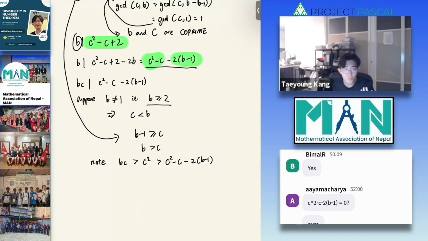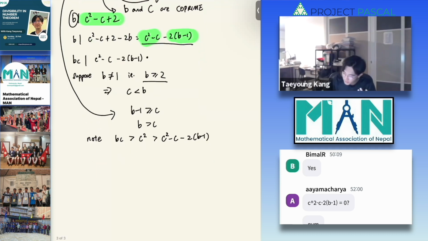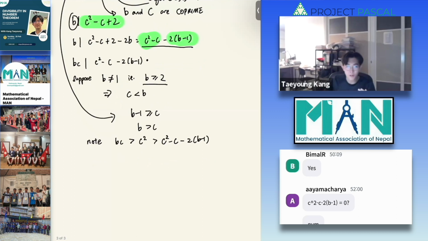So what does this mean? Firstly, this is not a negative number, right? Because in order for this to be a negative number, it implies that C squared minus C minus 2(B minus 1) is less than or equal to minus BC.